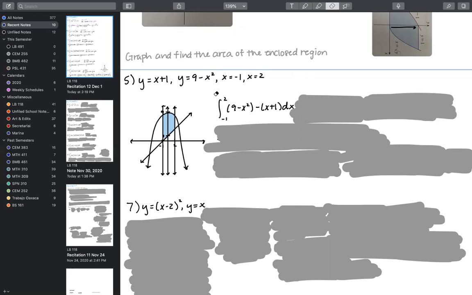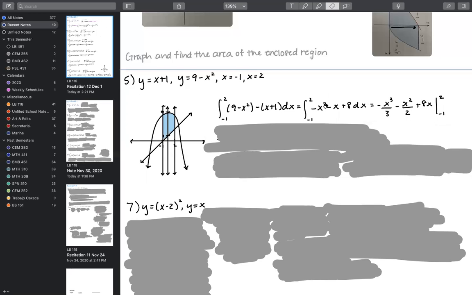So setting this up, we do 9 minus x squared minus x plus 1. Parentheses in this case are important. And then over the interval -1 to 2 and with respect to x. So now we're going to do some simplifying before we get into integrating. So we've got -x squared minus x plus 8.